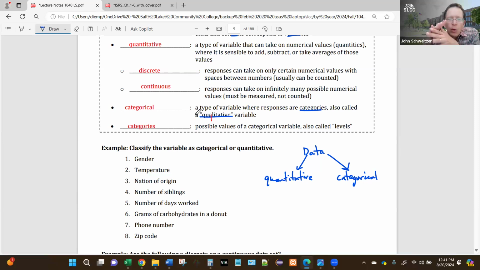What's the difference? Well, quantitative, I typically think of it like this. If you can count it, if you can measure it with a ruler or measure it with a scale, then it's probably quantitative data. And if it's not one of those 3 things, then it's probably categorical. Okay, let me give you an example.